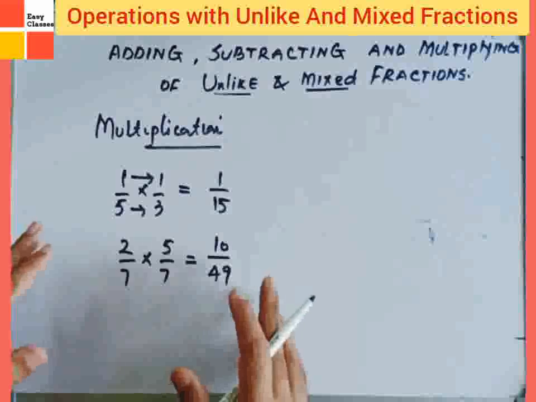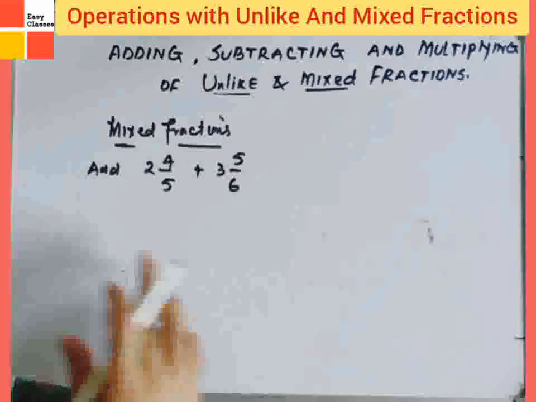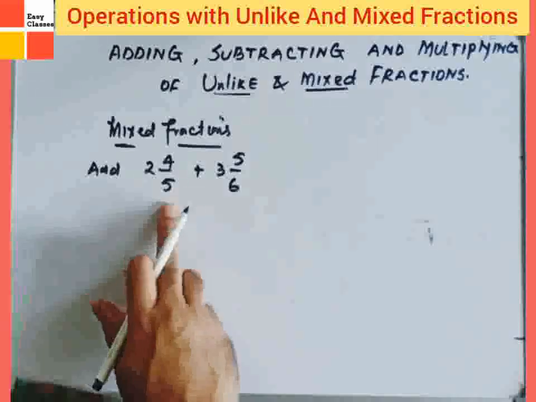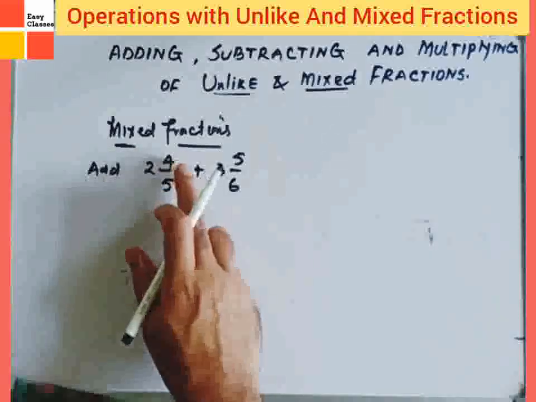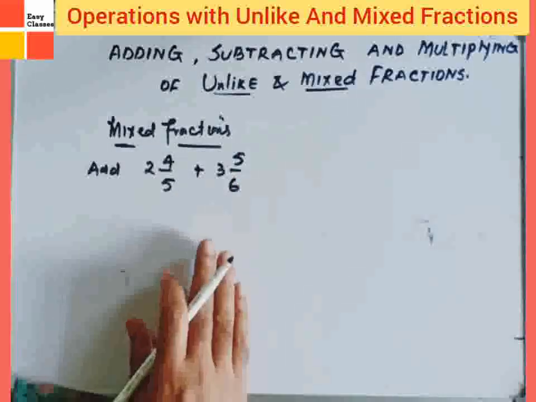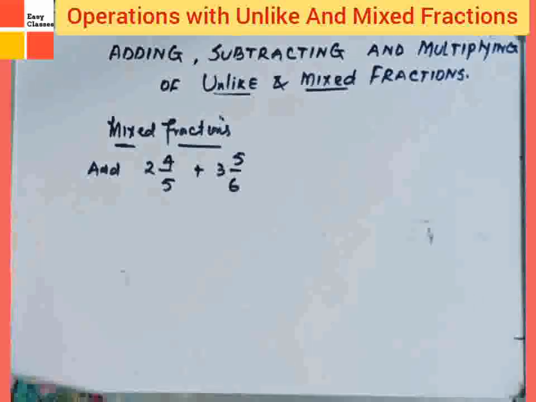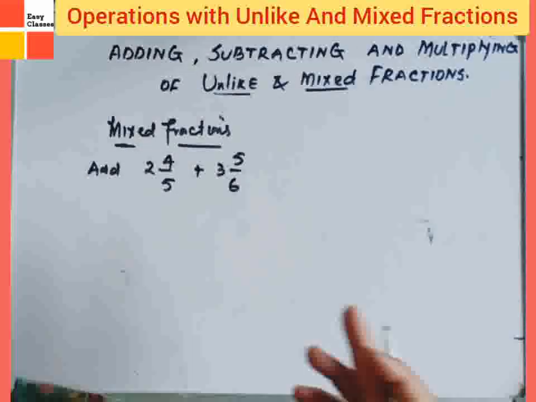Now let's take the case of mixed fractions. For example, we have to add the mixed fractions 2 4/5 plus 3 5/6. In this case you have to apply the same method you applied for like and unlike fractions.